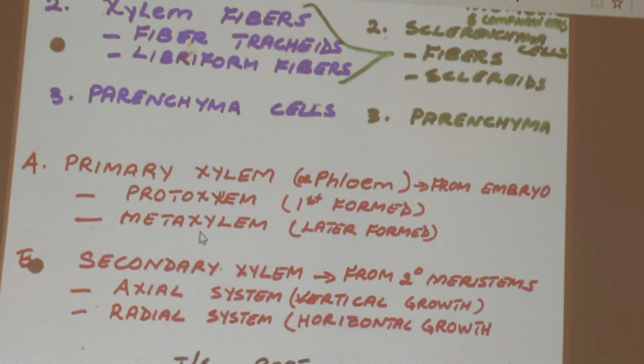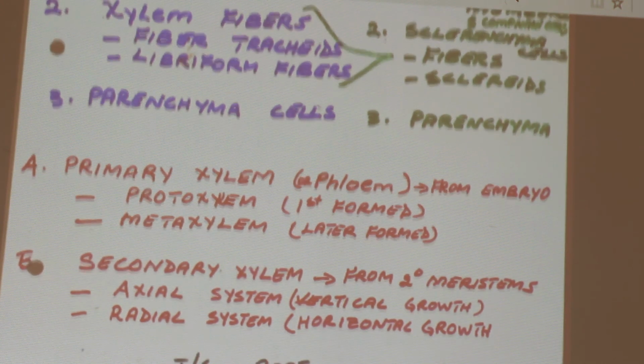When metaphloem comes out, it pushes protophloem, and because protophloem is soft, it is destroyed. So in secondary phloem, we only talk of metaphloem. They seldom exist together. Secondary xylem, I've also already told you, comes from the secondary meristem, which is the cambium.